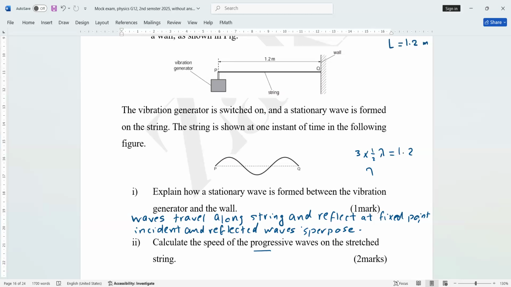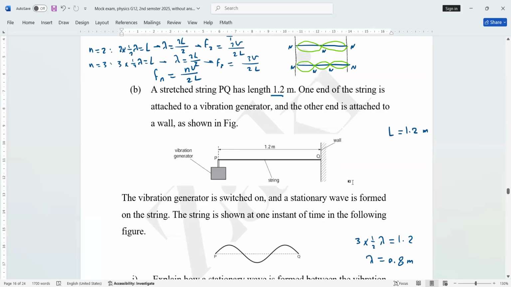So lambda equals 1.2 divided by 1.5, so it is 0.8. So lambda is 0.8 meter. Here we have the length, we got it. So progressive waves. Here we have a stretched string, 1.2 meter, from the vibration generator.